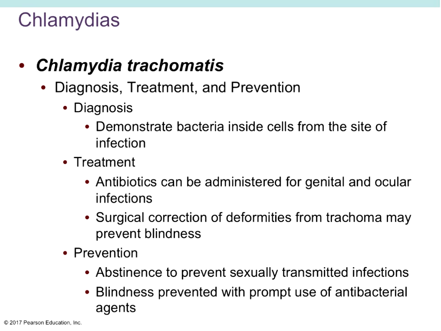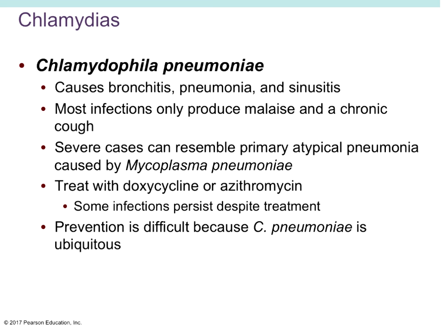We can give those same antibiotics for ocular infections, and we can correct the deformities that happen from trachoma, the ocular disease, to prevent blindness. Prevention is abstinence to prevent sexually transmitted infections, or the responsible use of condoms. And blindness is prevented by the prompt use of antibacterial agents once the infection has been identified, and quickly identifying the infection.